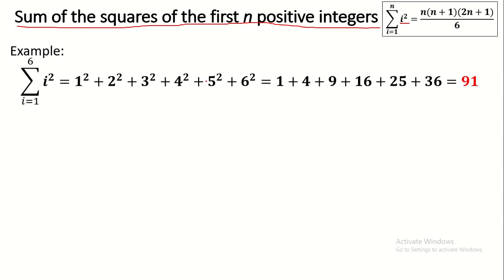So let's have an example. Say for example, we have the summation of i squared from i equals 1 up to 6. So, isa-substitute natin yung value ng i with 1, 2, 3, up to 6.